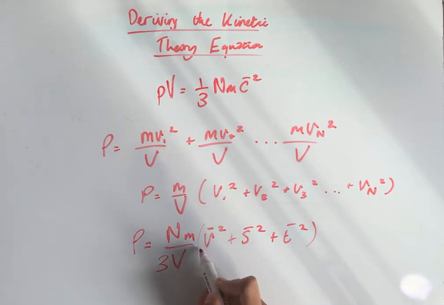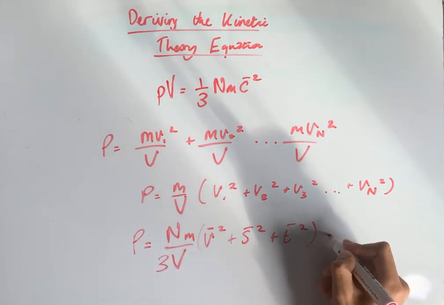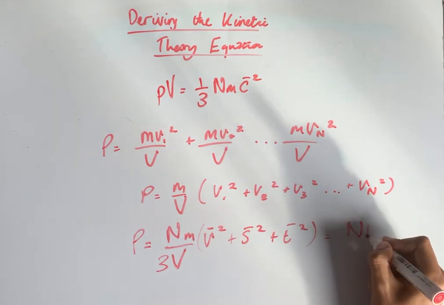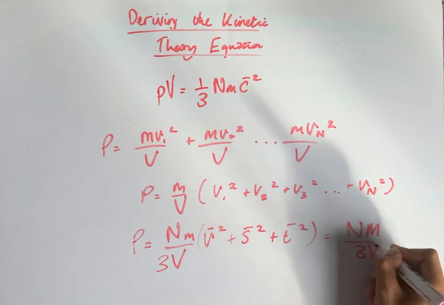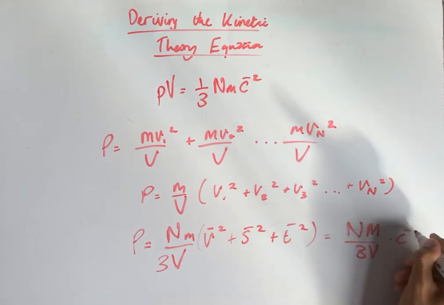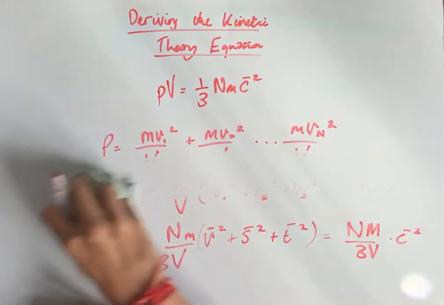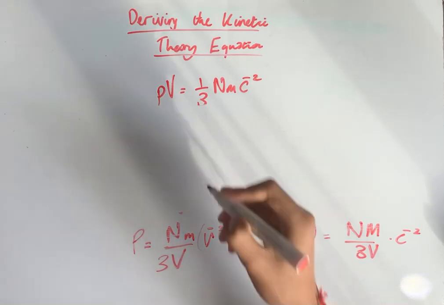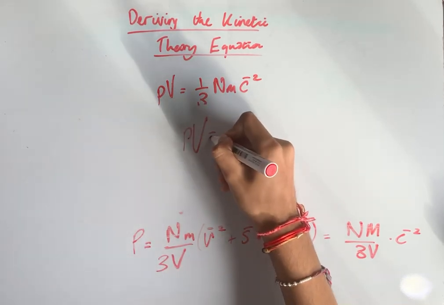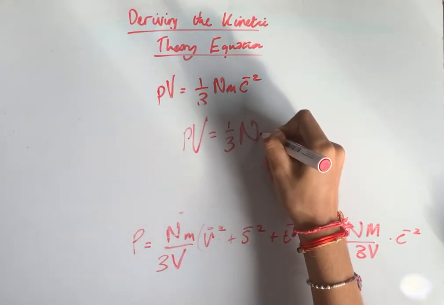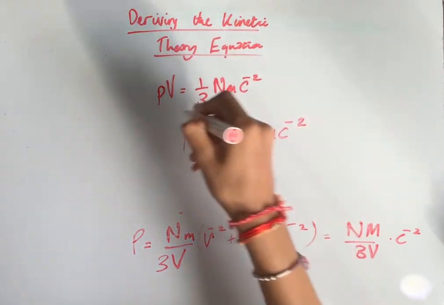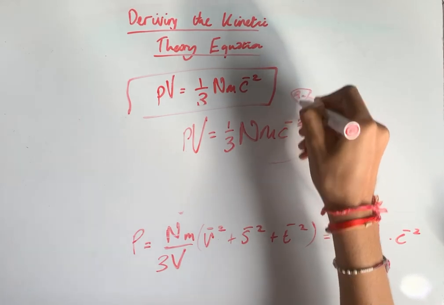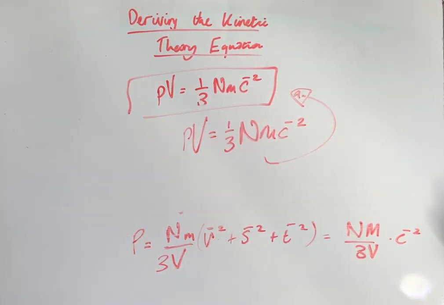As shown earlier, this is all equal to c squared, which would then give us Nm over 3V multiplied by c bar squared, or written in the form as above, PV equals a third Nmc bar squared, like shown right here. And that is the kinetic theory equation.